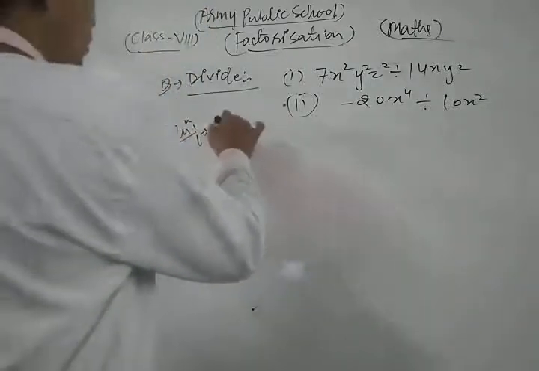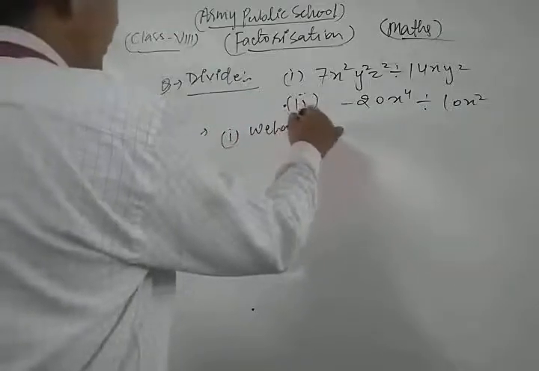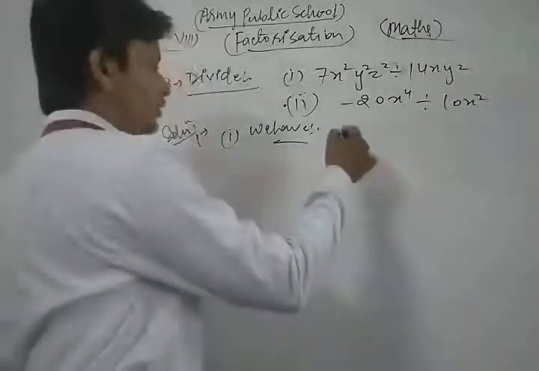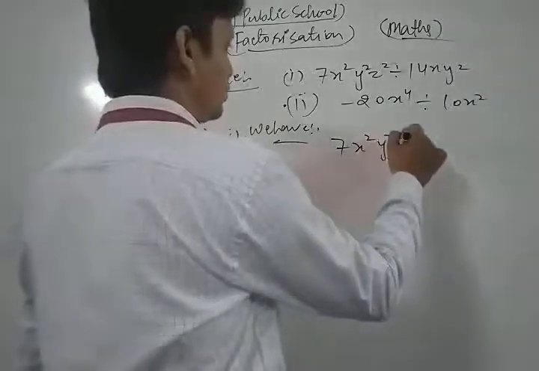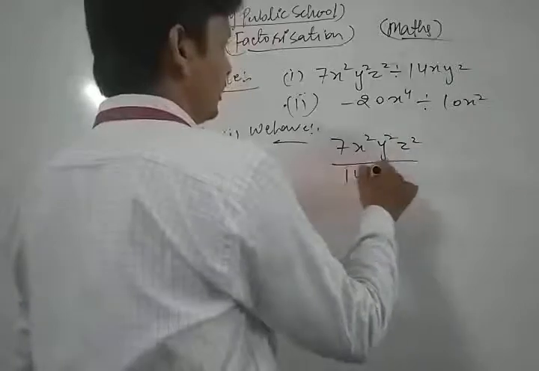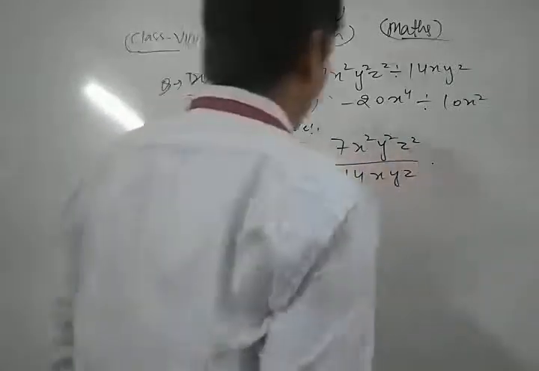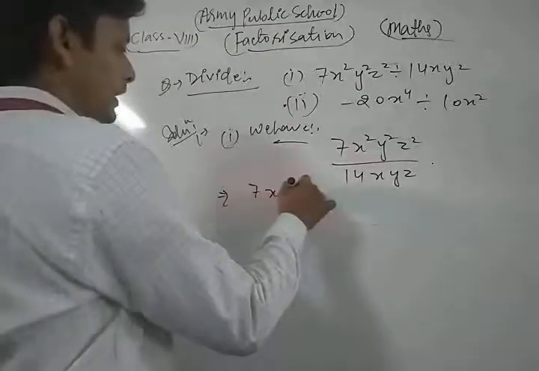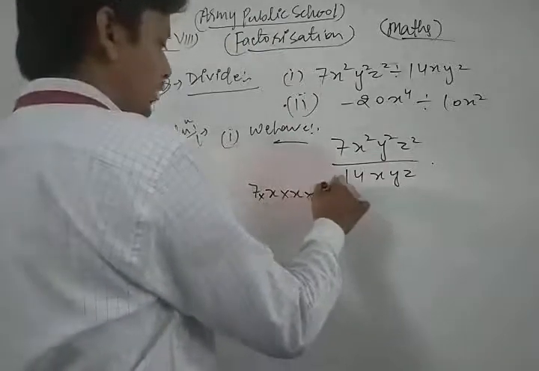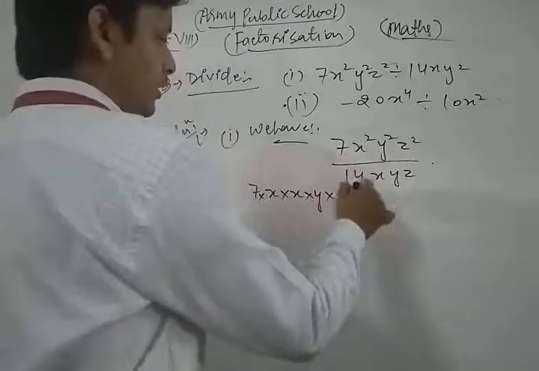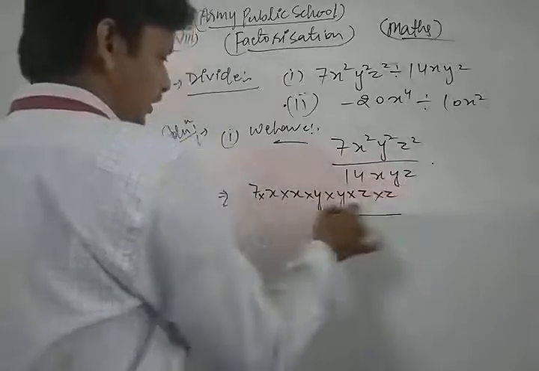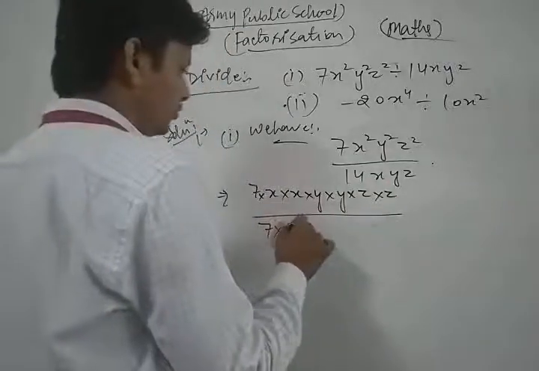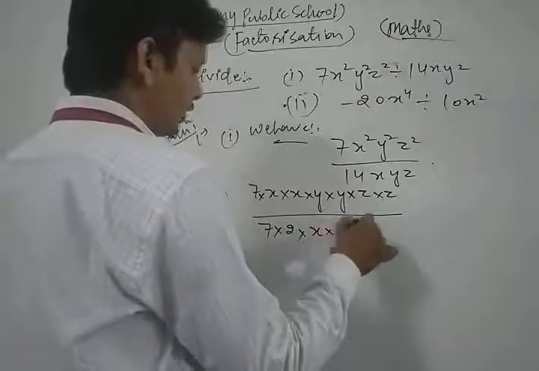We take the first part of this question. We have 7x square y square z square divided by 14xyz. Now look what I do. 7x square, write x into x, y square write y into y, we just factorize them, and z square is z into z, divided by 14, we can write 7 into x into y into z.